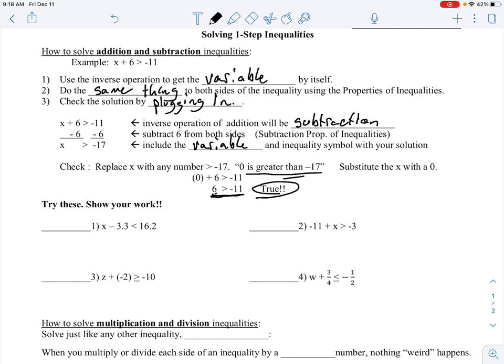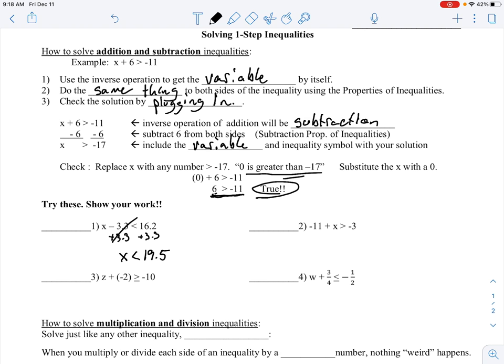We're going to do a few here together. Remember, just like equations, we're doing the opposite. If we're taking 3.3 away from our variable, we're going to add 3.3 to both sides of our inequality symbol. Just like equations, that goes away, and we get our variable by itself, and less than, and 16.2 plus 3.3 is going to be 19.5.